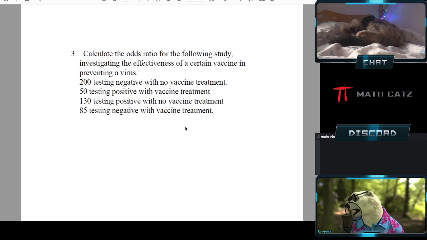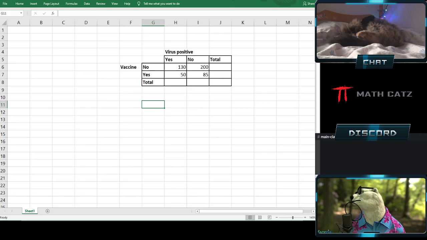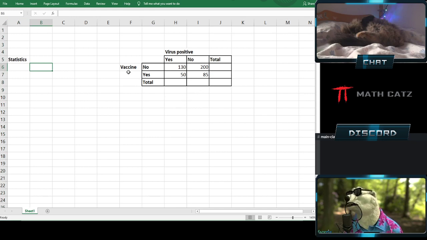So all I did in Excel was start the table like so. I left myself a little bit of space on the left because that is where I'm going to make my list of all the statistics that we're going to calculate. So we have this information. The vaccine is the treatment, which I can also see as the risk factor.